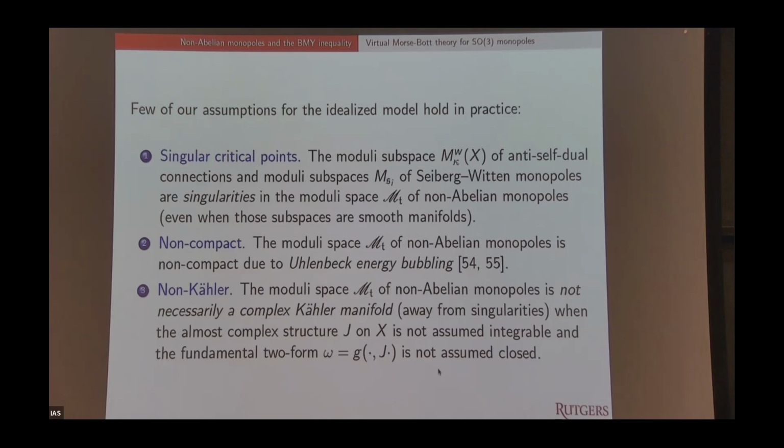Also, the moduli space of non-Abelian monopoles, this picture that I wrote, is highly non-compact due to energy bubbling, as Karen showed many years ago in related contexts. And also, unless the underlying four-manifold has a Kaehler structure itself, the moduli space is certainly not obviously Kaehler or symplectic, or even almost symplectic.